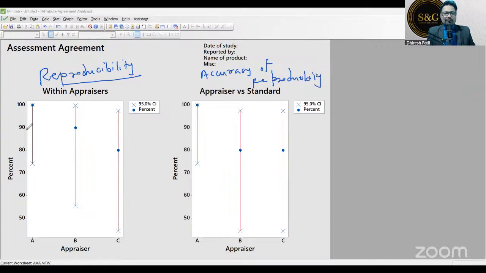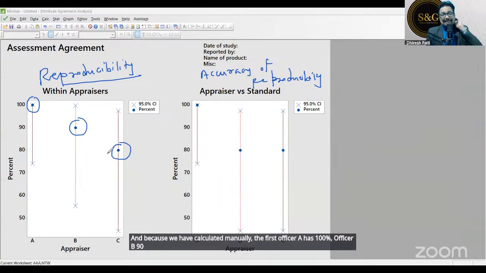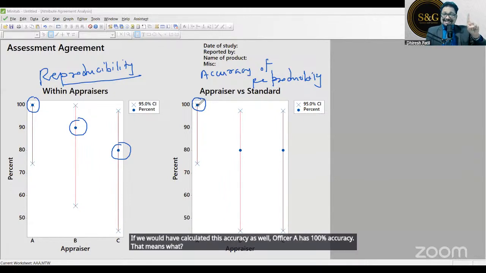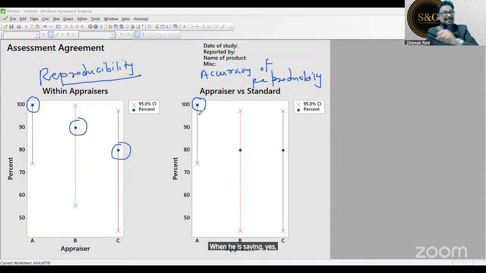And because we have calculated manually, the first officer A has 100%, officer B 90%, officer C 80%. We manually calculated it, right? If we would have calculated this accuracy as well, officer A has 100% accuracy. That means when he is saying yes, yes, yes, yes, yes, truth is also saying yes.